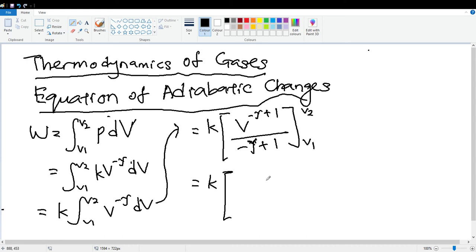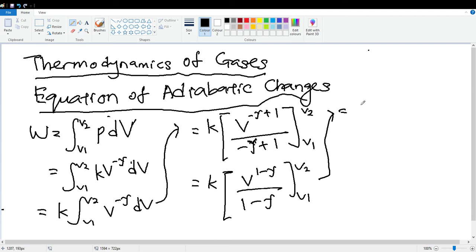Let me arrange it more clearly. So this is 1 minus gamma, and this will be our 1 minus gamma, evaluated from V1 to V2. What I can do is move this out of the equation, so what I get is K over 1 minus gamma, times V2 to the power of 1 minus gamma, minus V1 to the power of 1 minus gamma.